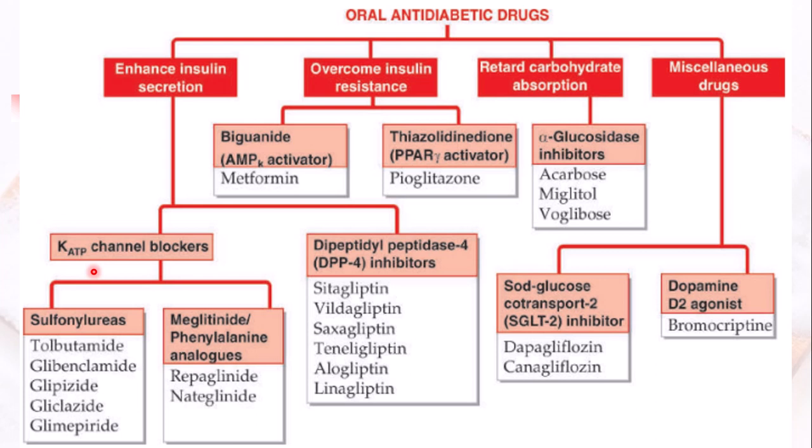The calcium influx results in release of insulin, as you can see here, enhancing insulin secretion. That is it. The sulfonylureas are used to treat type 2 diabetes mellitus, that is the non-insulin dependent diabetes mellitus.